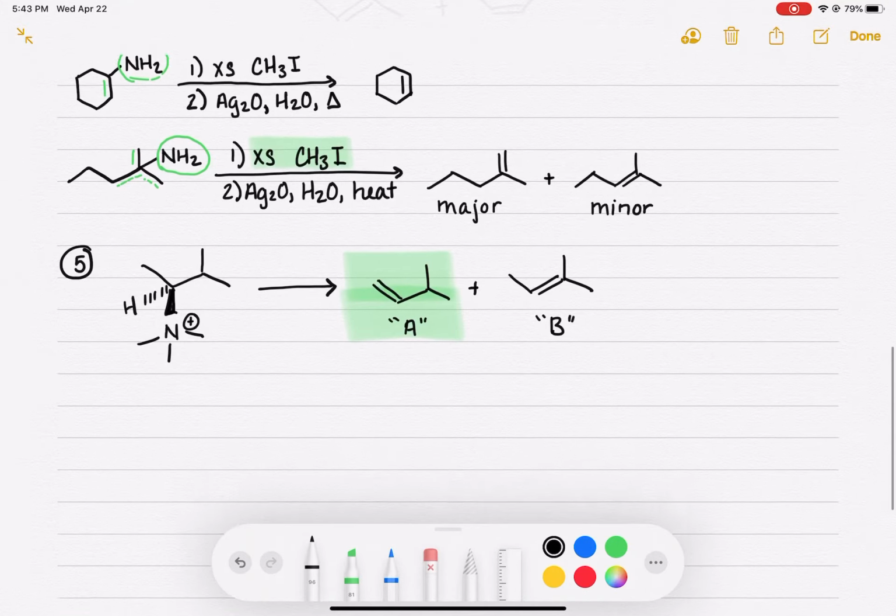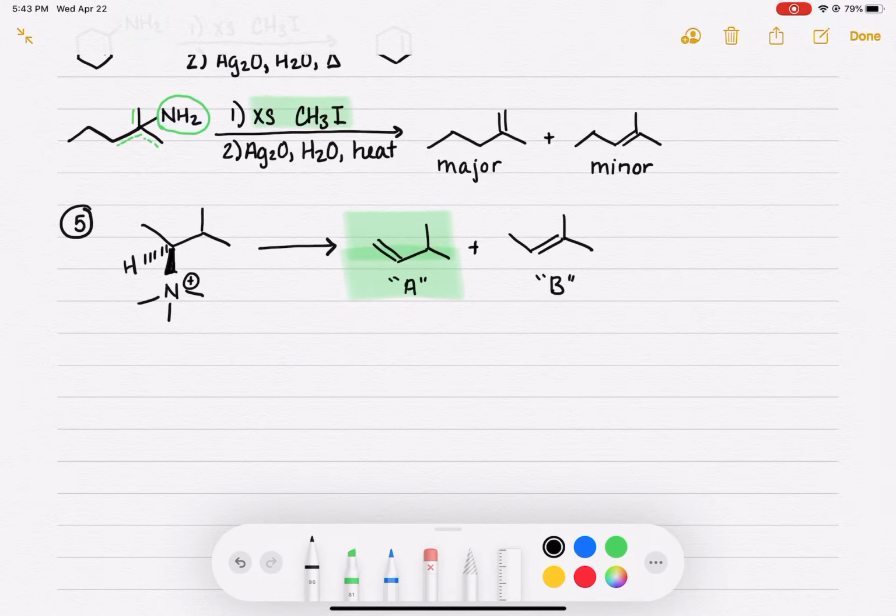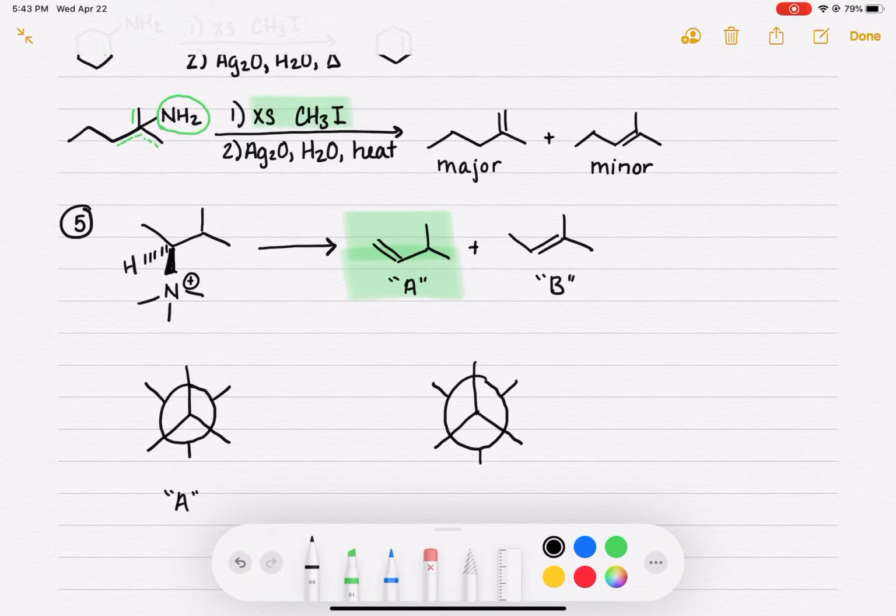And then it wants you to fill in the Newman projection for the conformation that would give you product A, and also the same thing, fill in the Newman projection for the conformation that would give you alkene B.